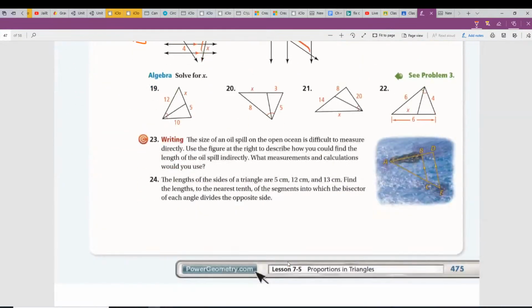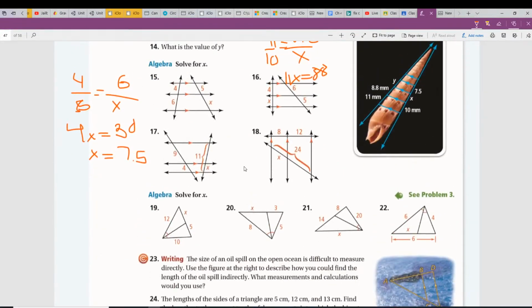So let's go back to our problem. This is perfectly fine, what we did here. We could have also done 4 divided by 6 equals 5 divided by x. It gives you the same thing. It's pretty obvious. Even the reciprocals, which is 6/4 equal to x/5, are gonna give you the same thing.